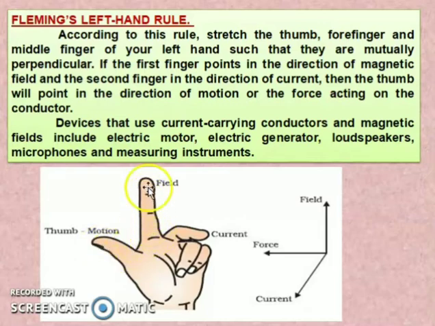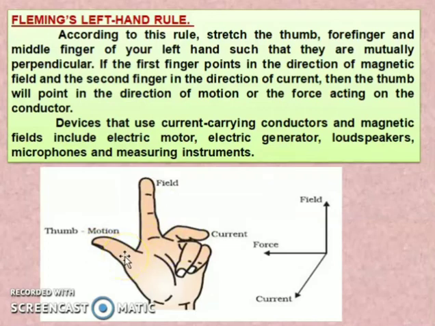So the first finger shows the direction of the magnetic field, the second shows the direction of the current, and the thumb shows the direction of the motion or the force.